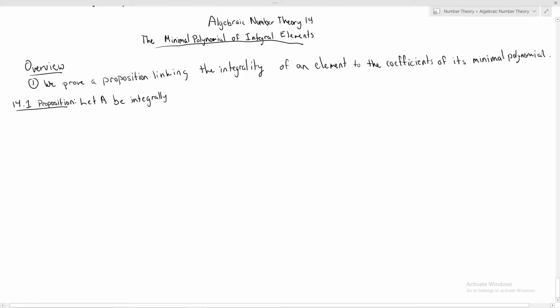Integrally closed integral domain, and let's say I have field of fractions K. Okay, and let's say I have a field extension, let L containing K be a field extension.